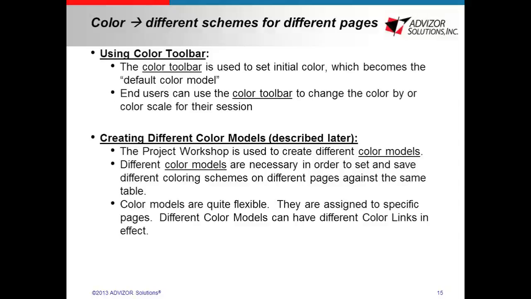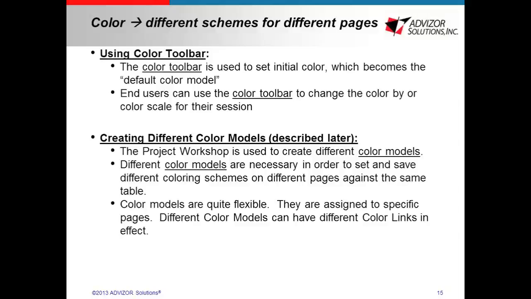And then we have the color models, which is a relatively new feature, a couple of releases ago, that allows you, again, to color different pages by different fields and different color schemas, different assignments. That can be really helpful when you have different sections of a project that you want to color differently.